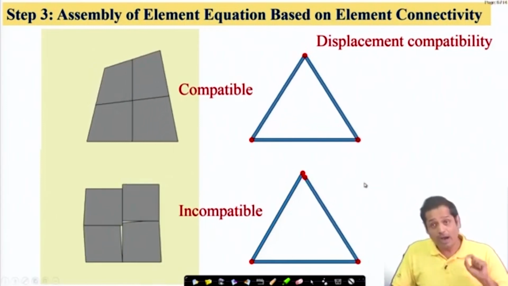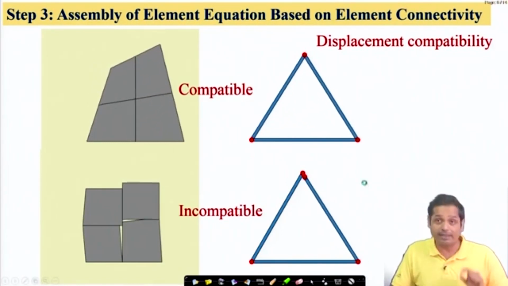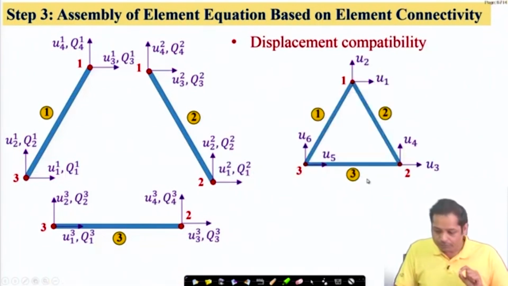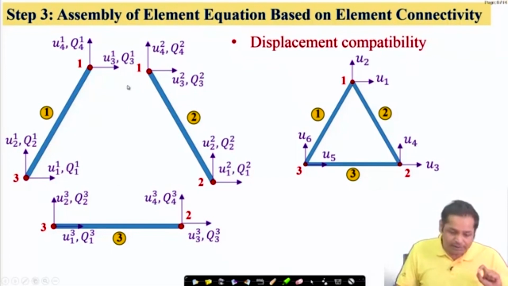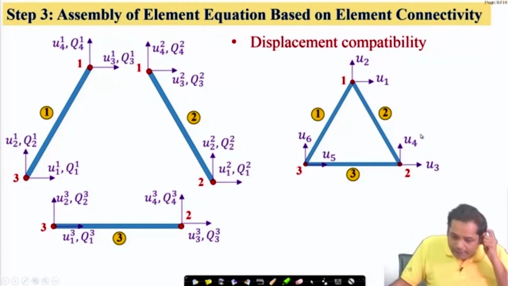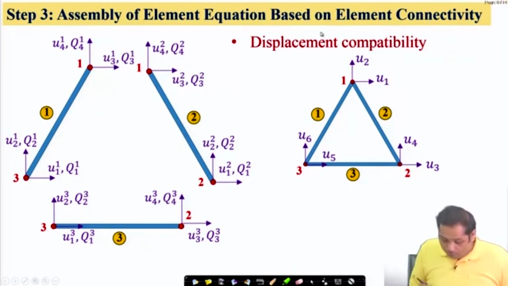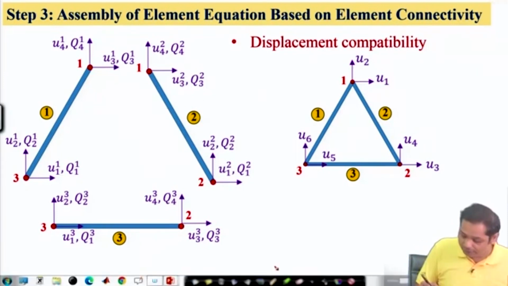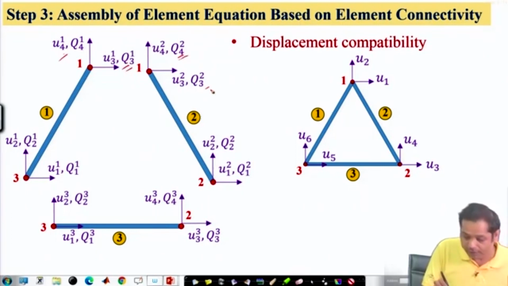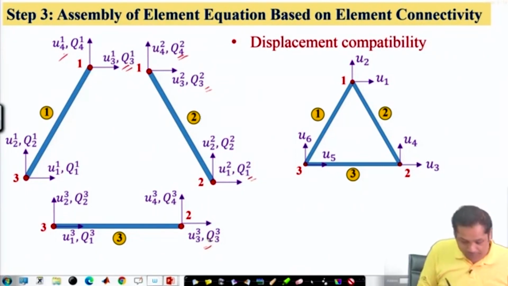Now let us see how it is to be ensured during assembly of the elements. So these are the elements, and this is how those elements are connected. This is the system as a whole. Now these are the local variables. When we write these, all are local variables, with respect to the element level.